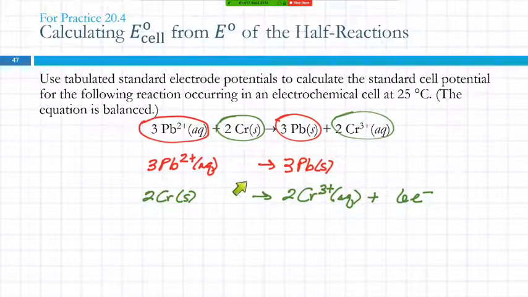And for the other reaction, it's also going to be 6 electrons, but they're going to be on the other side. So this is a species gaining electrons. So this is reduction.